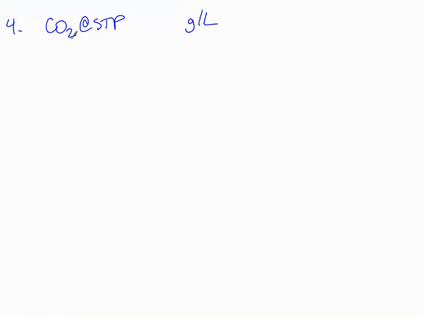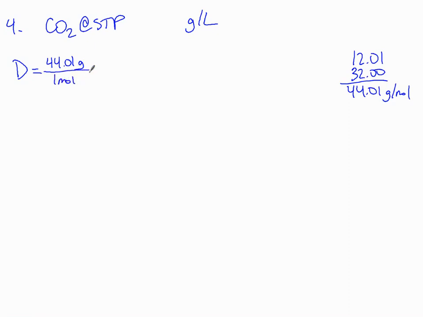So CO2 has a certain molar mass. We've got 12.01, 12.01, 16 times 2. This is the molar mass. So density equals here's grams per mole.